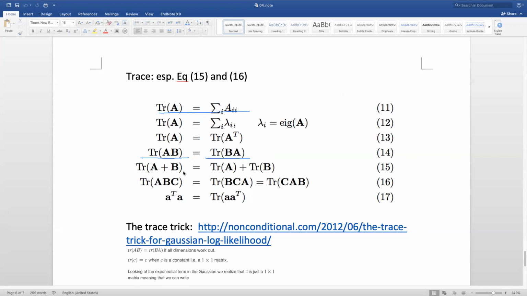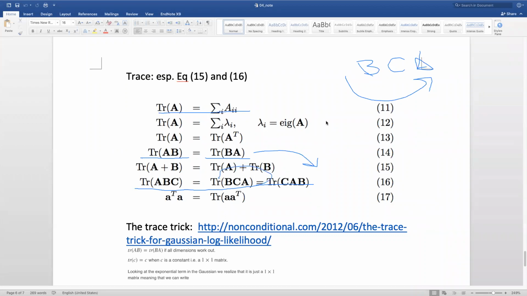There's another nice property here, which is very important. This is a generalization, called the circular rule. For example, if you have ABC, and you move A to the end, BCA, the trace is still the same.